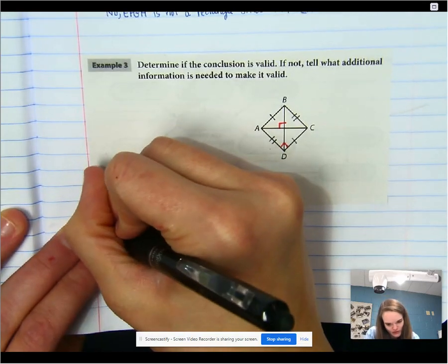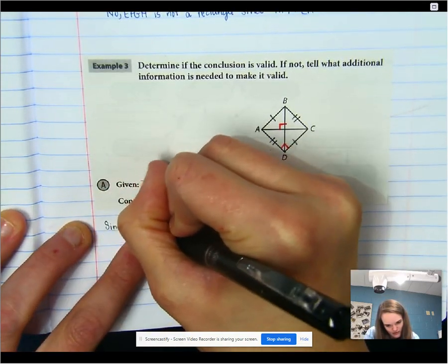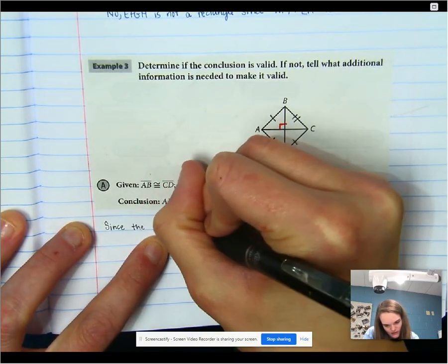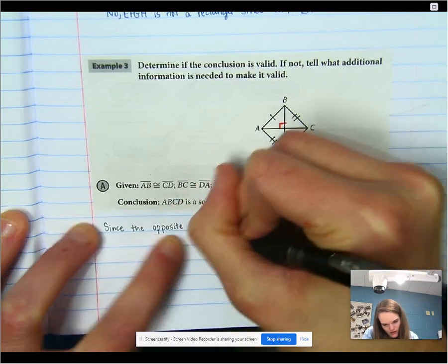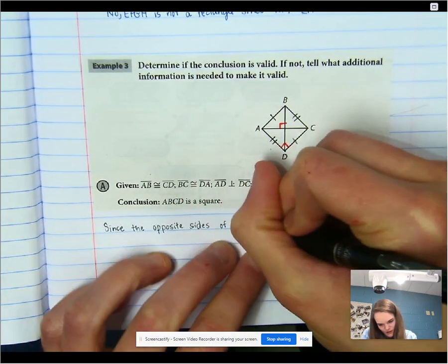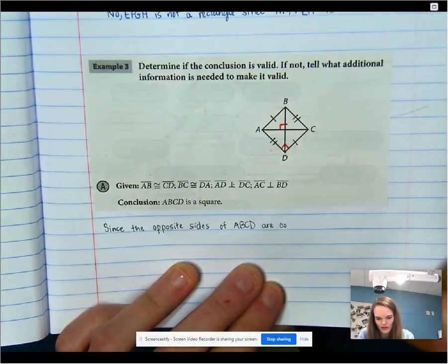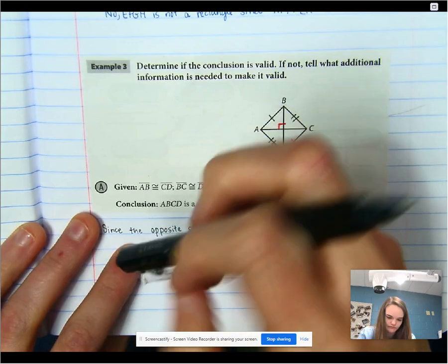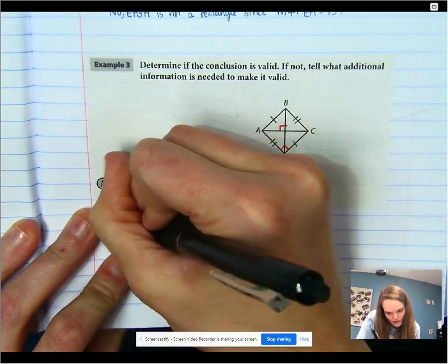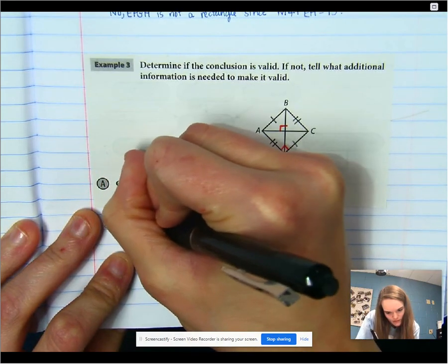So since both pairs of opposite sides of ABCD are congruent, ABCD is a parallelogram.